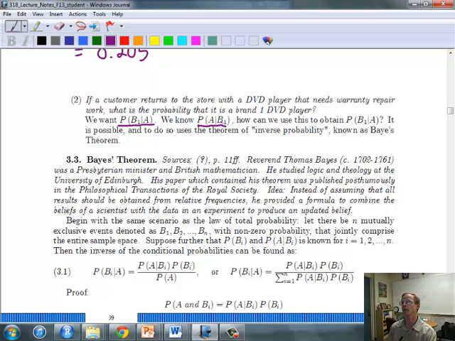But how can we use what we had to find this question? Probability that I want, given that somebody comes in, that it's a brand 1 player.